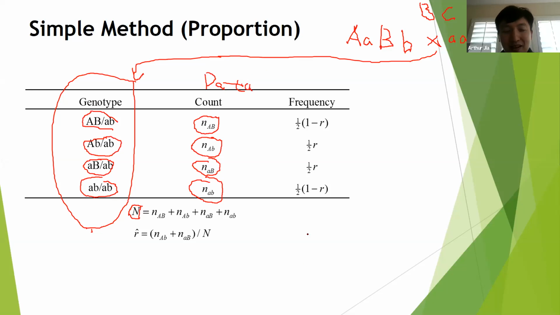All right. Now, assume these two loci are linked, and the distance between them is measured by this number, R, the recombination frequency. So what is the recombination frequency here?